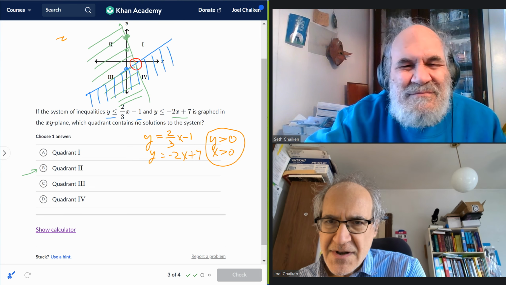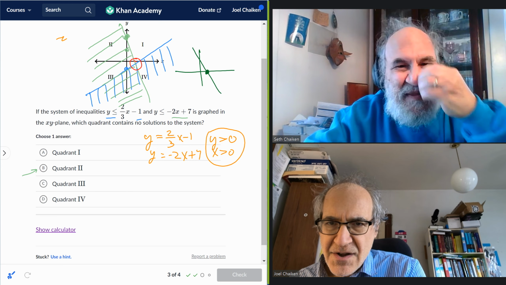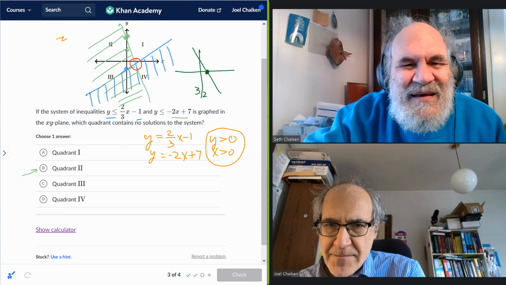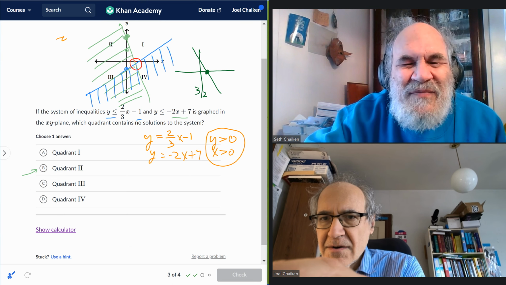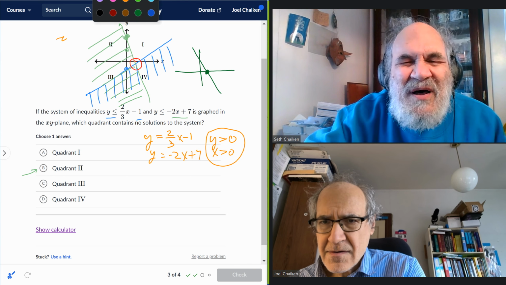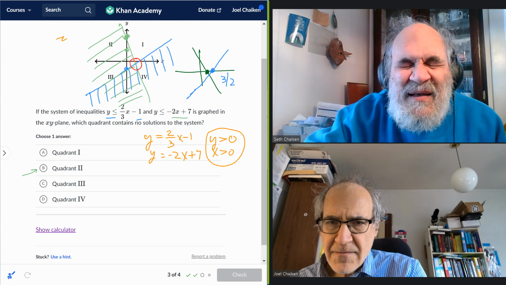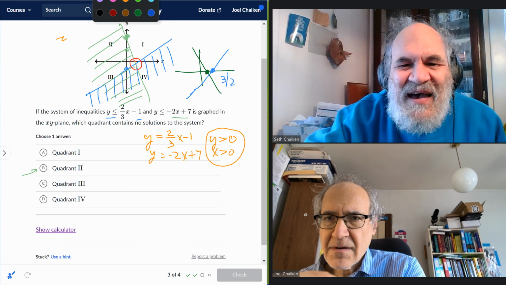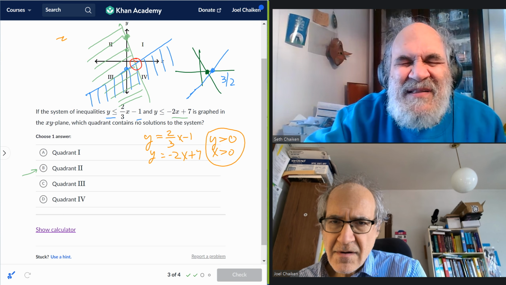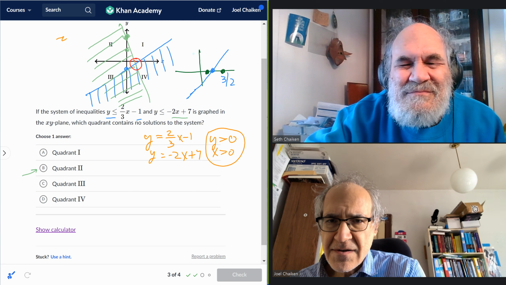The green line intersects here at 3/2. Wait, which is the green? No, the blue line. The blue line is the positive slope line. The blue line's intercept is 3/2. And the green line intersects at 7/2. So we have to redraw this one.